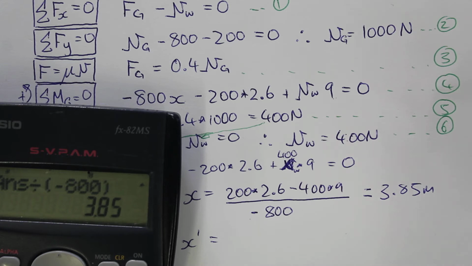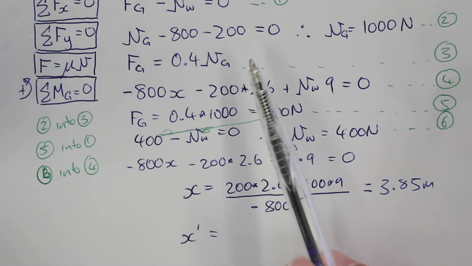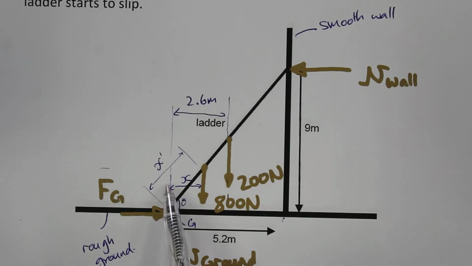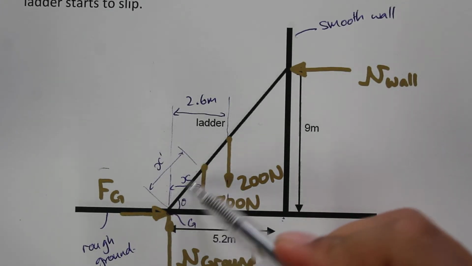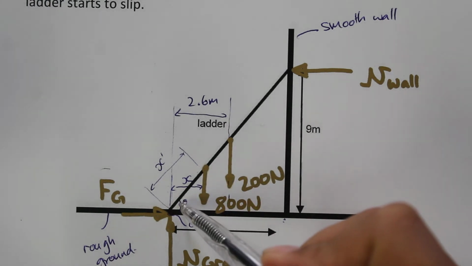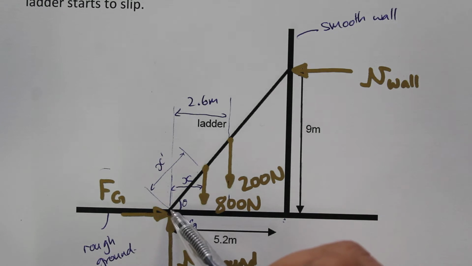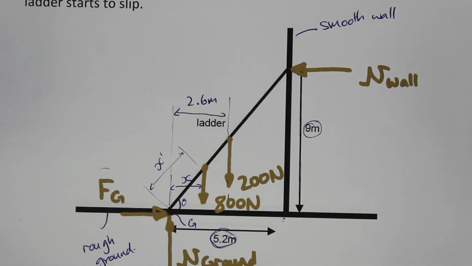Now the next thing we need to do is find out how far along the ladder this person has moved up the ladder. We know this distance, now we need the distance going along that way. What would be useful is if we knew this angle. We can calculate that angle because we've got a dimension of 5.2 and a dimension of 9 meters going towards the right.